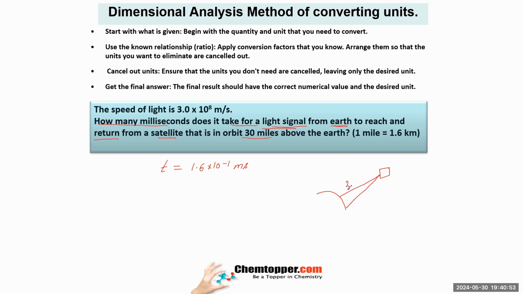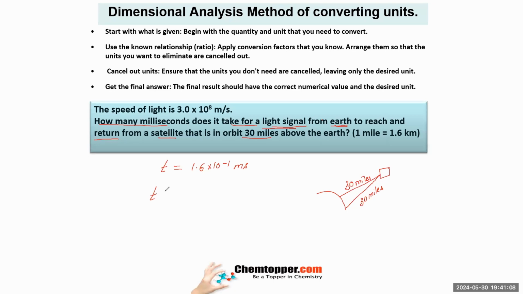So the distance traveled is 30 miles going up and 30 miles coming down. So the time taken will also be double of this.